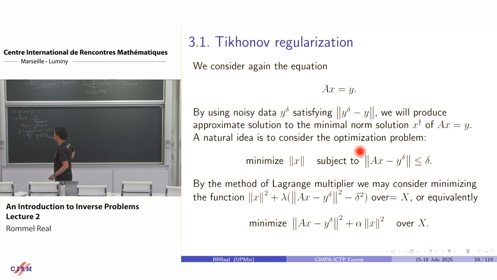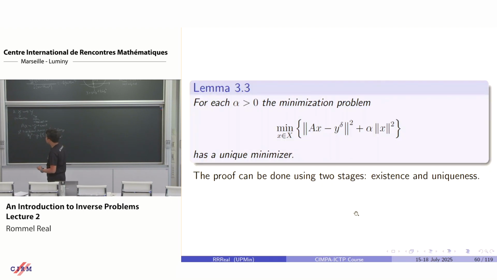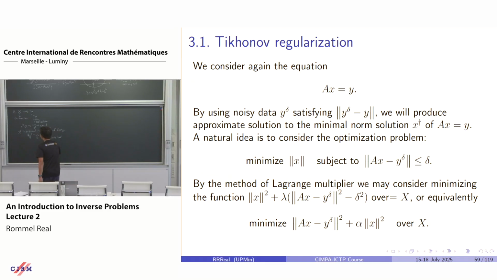So the idea is you want to integrate this constraint into the objective function so that you simply think of minimizing an objective function over the space X. So you want to minimize the square of the norm of Ax minus y delta plus alpha times the norm of x squared. And if you look at that one, this is the spirit of Tikhonov regularization.